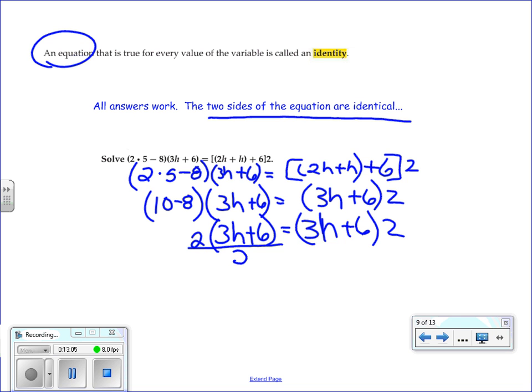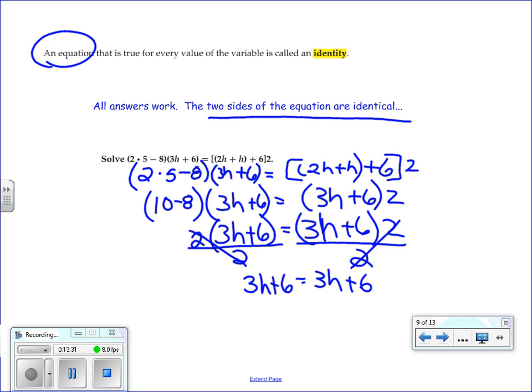We can even work it further. See that they're exactly the same equation on either side. So what if I put a 2 in for h? 3 times 2, 6 plus 6 is 12. If I put a 2 in over here, we're going to get exactly the same answer.